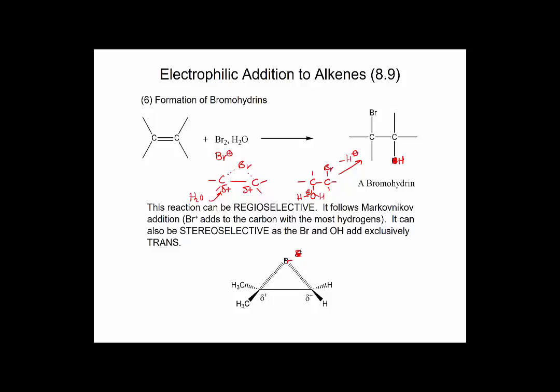So Br2 in water looks an awful lot like this: if I'm going to add the Br plus to the double bond and form this intermediate, and then I'm going to write my water down here. And it's going to add to the triangle.